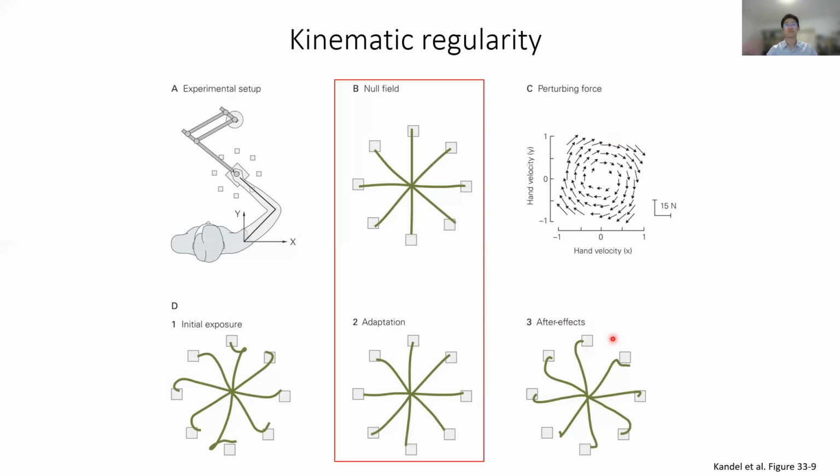This is called after effects. What is important here is that in both the null field and the adapted case, subjects always tend to make straight movements. Maybe this is easy to interpret, because you always want to make simple movements, so you don't generate much cost.